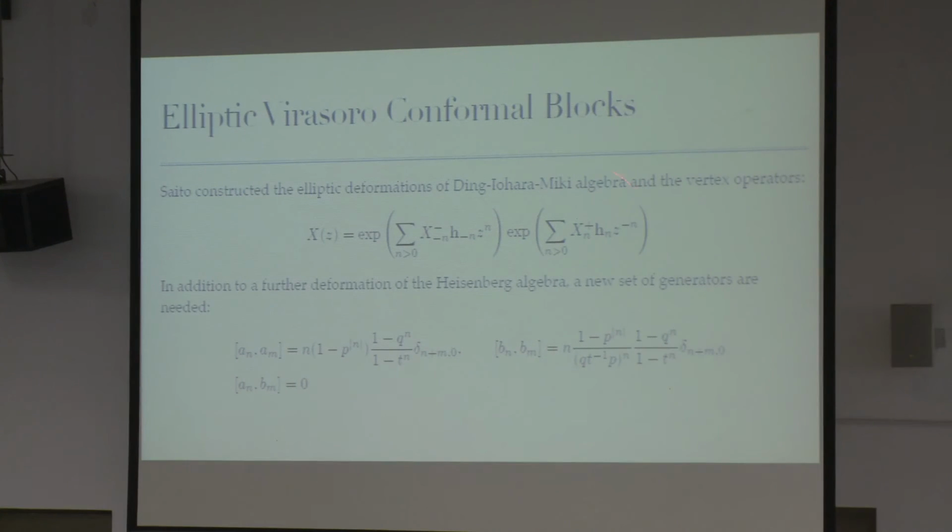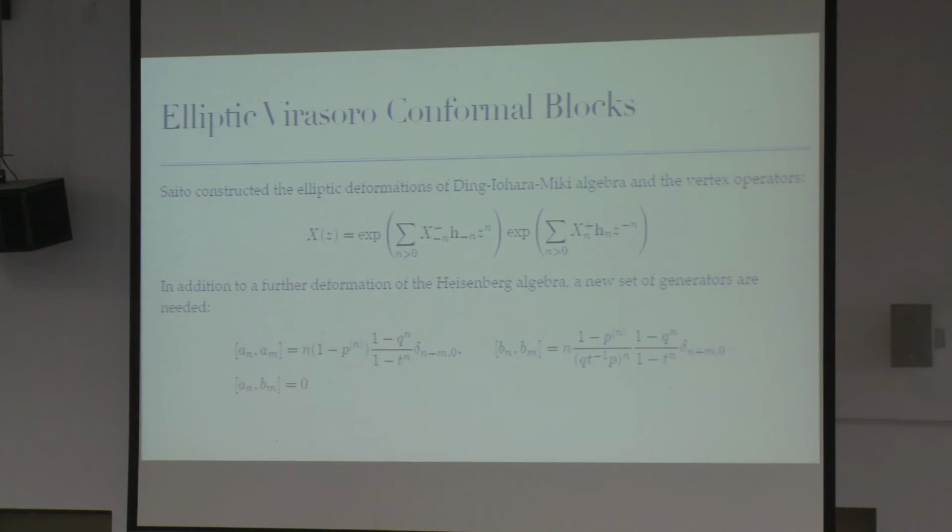So he actually wanted to look at some elliptic deformations of the so-called Ding-Iohara-Miki algebra, and these algebras appeared in a number of different studies related to the AGT conjecture in the literature before. I don't want to go in that direction, but he wanted to introduce this elliptic deformation to the Ding-Iohara algebra, which also has some relationship to integrable systems and writing down the Hamiltonians for those elliptic integrable systems.